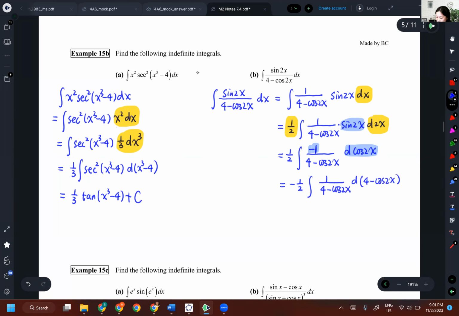Another substitution, and this time I need to change it to positive. Do you see? It's positive now. In the end, it's 1 over 2 log of the absolute value of 4 minus cosine 2x, plus c.